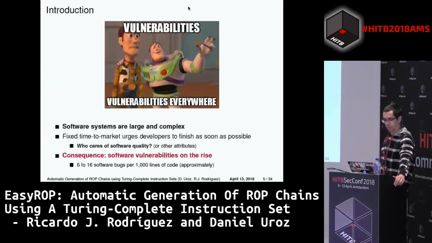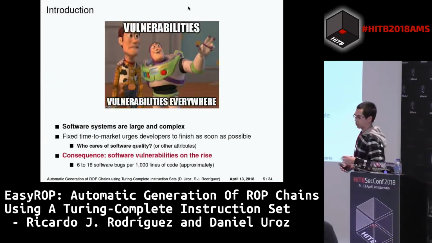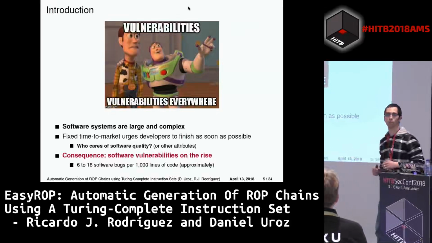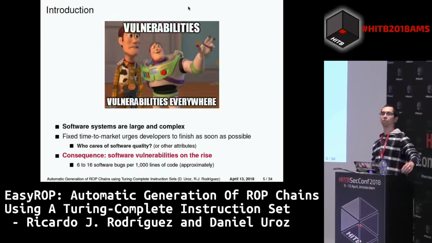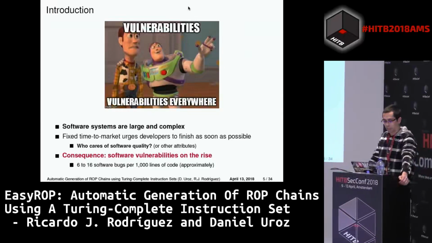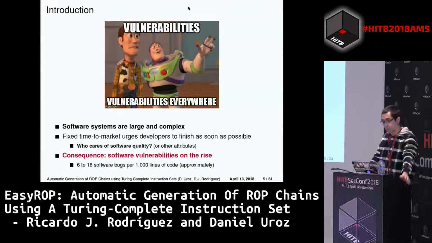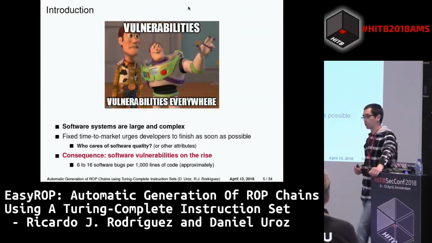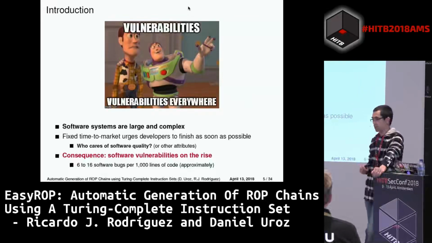Well, going to the introduction, I think that we already know that software systems are very large, very complex. In fact, if we read some papers about software vulnerability metrics, we can read that there are between 6 to 16 software bugs per every 1,000 lines of code, approximately, okay?